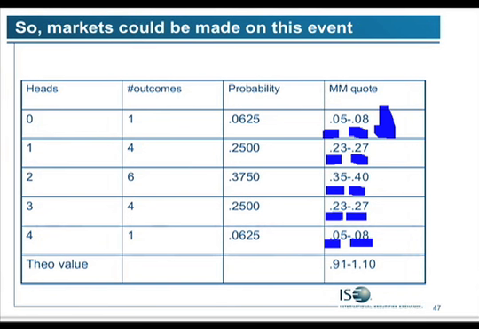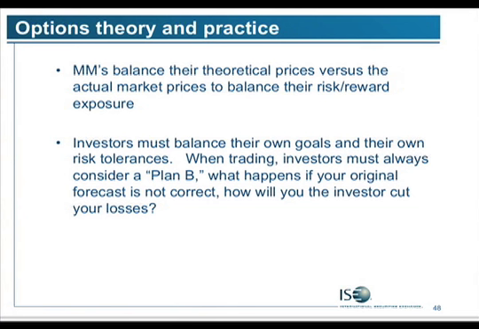Even though theoretically it might only be worth 6, they're going to raise the prices because they don't want to take too much risk. If everyone decided they want to sell that option, the probability might still say 6 cents, but it might go down to 2 cents bid at 4 cents or 2 cents bid at 5 cents, something like that. So market makers are going to balance their theoretical prices with actual prices.